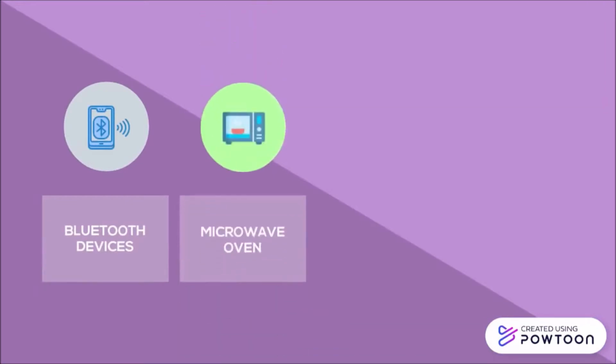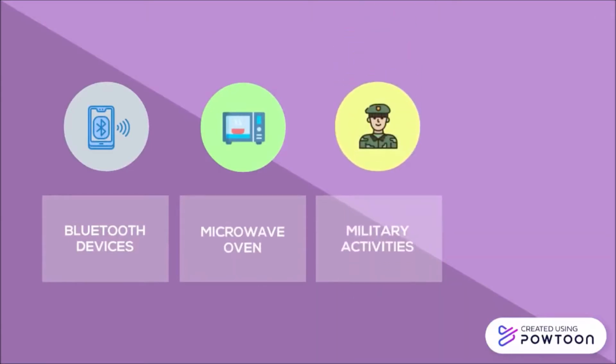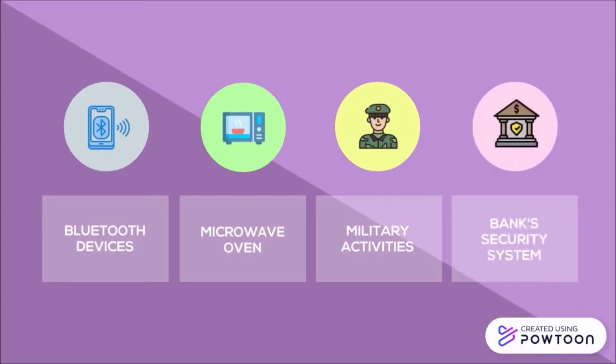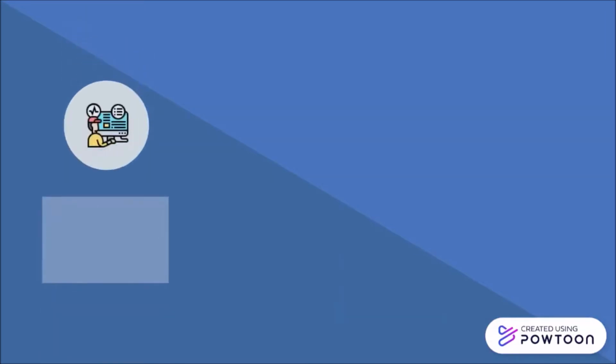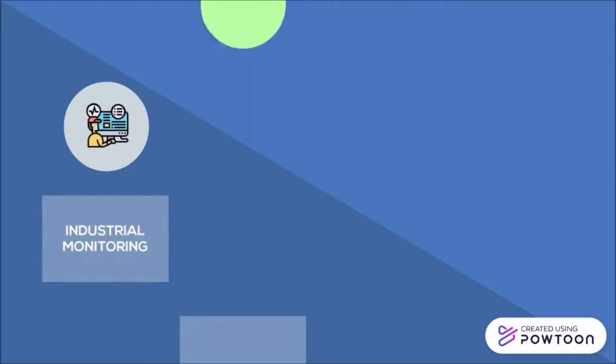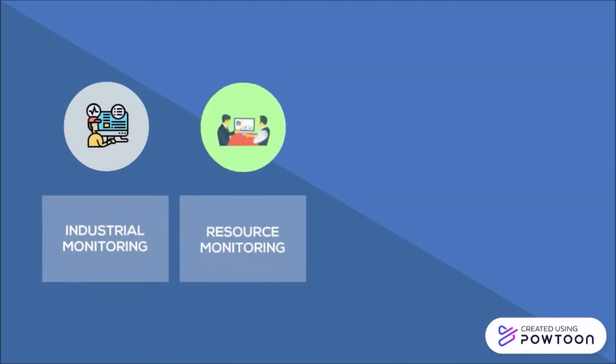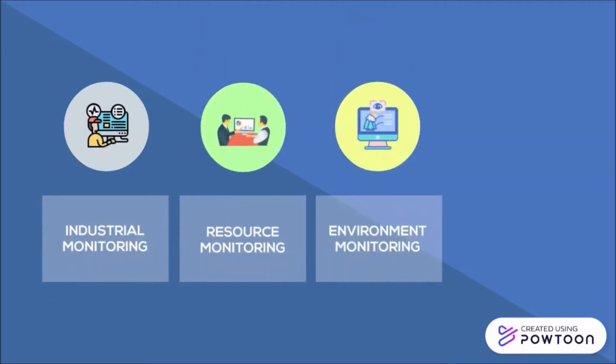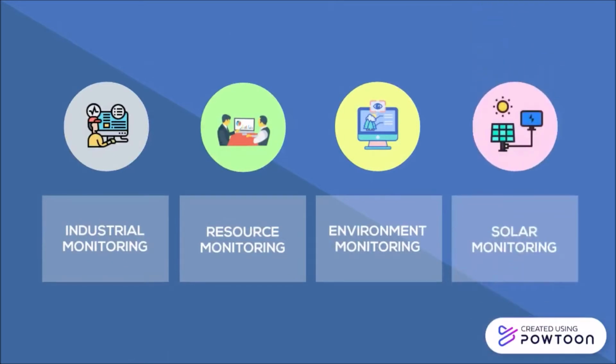Other than that, it is used in military activities as well as the security system in banks. TinyOS can also increase the efficiency of various monitoring, for instance, industrial monitoring, resource monitoring, environment monitoring, and solar monitoring.